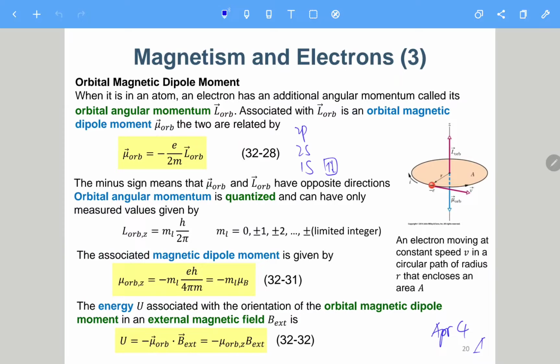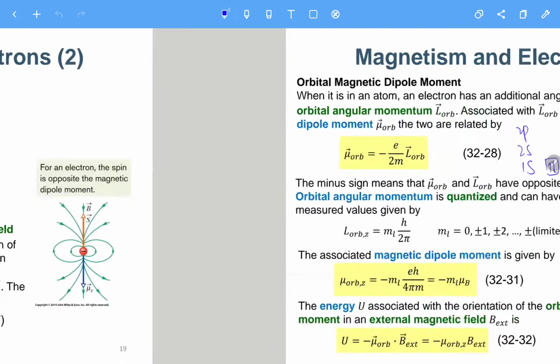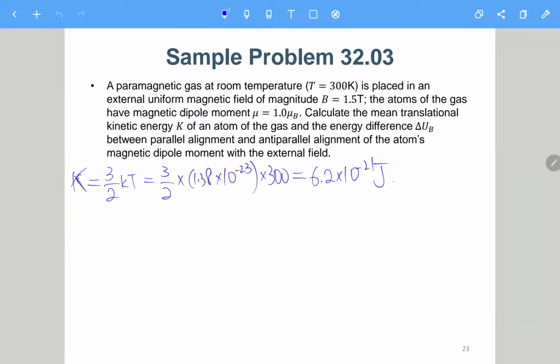If you still remember, last time we have this Bohr magneton as the so-called unit magnetic dipole moment. So mu B is 9.27 times 10 to the minus 24.